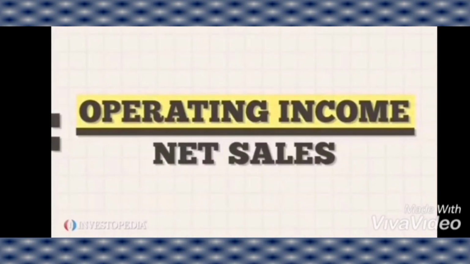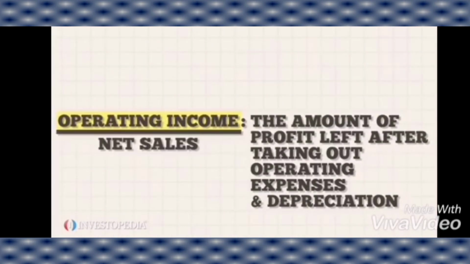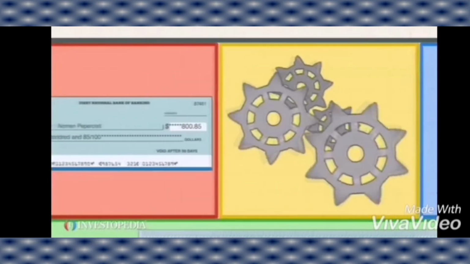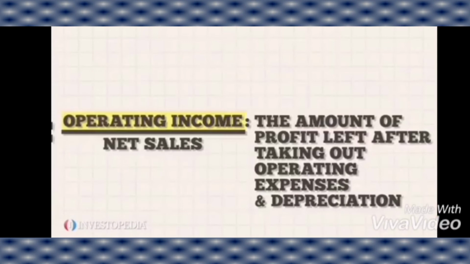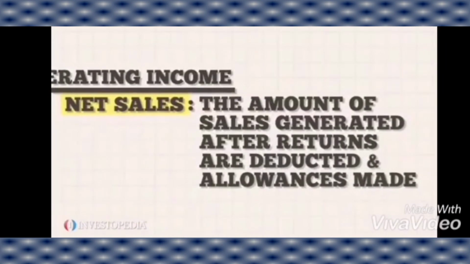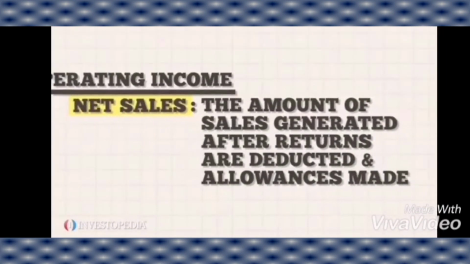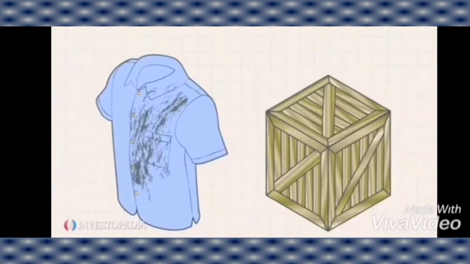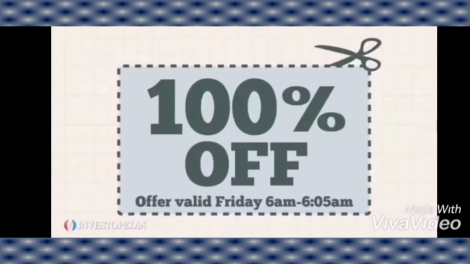Operating income is the amount of profit left after taking out operating expenses, such as cost of goods sold or wages, and depreciation. These are earnings before interest and taxes. Net sales is the amount of sales generated by a company after any returns are deducted, as well as allowances made for damaged or missing goods and any discounts.